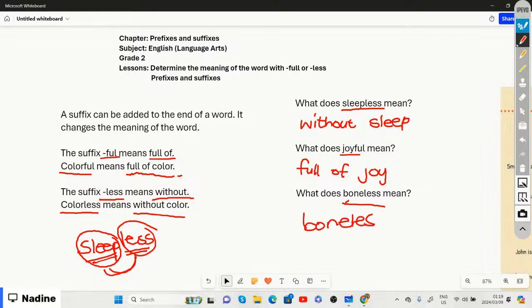It's like saying I'm going to buy boneless chicken, boneless fish, fish without the bone, chicken without the bones. That is boneless. So less means without, and full means full of.